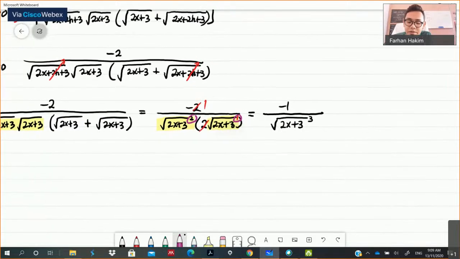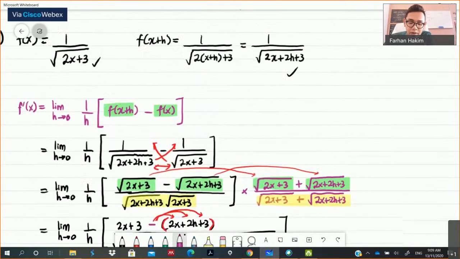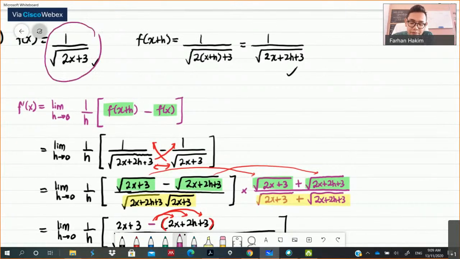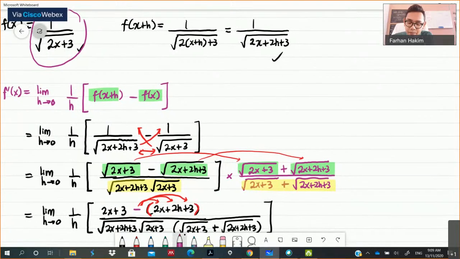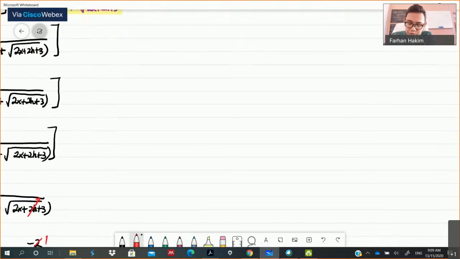To check if our answer is correct or not, we try to find the derivative of this using the technique. Let's say y is 1 over square root of 2x plus 3.